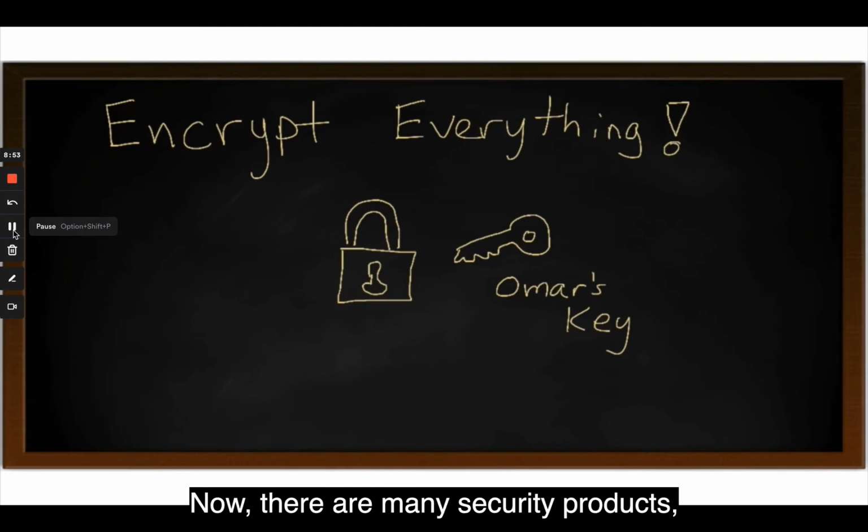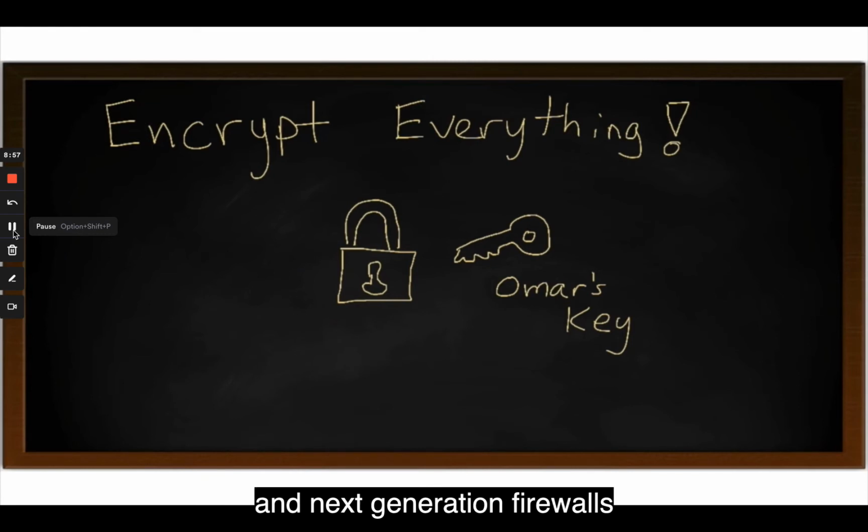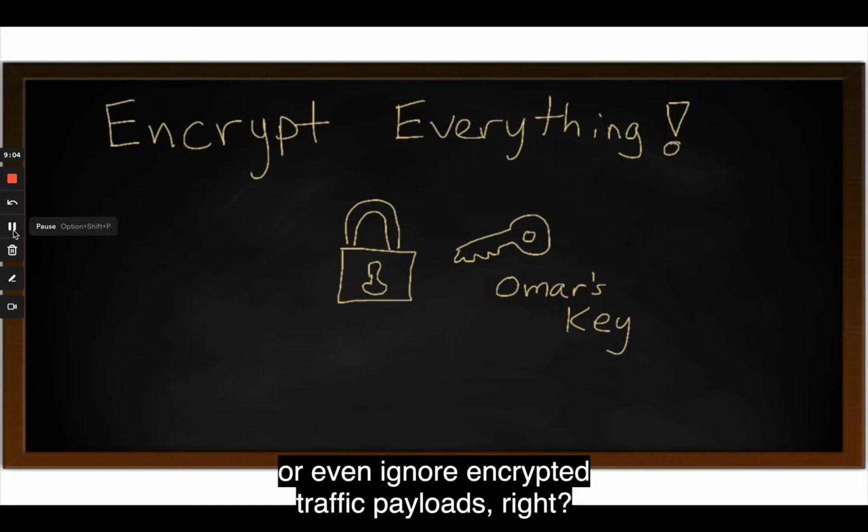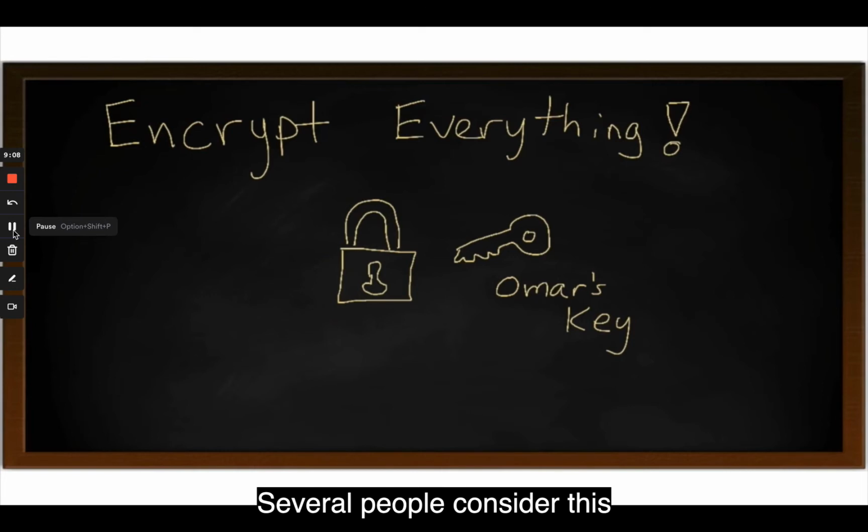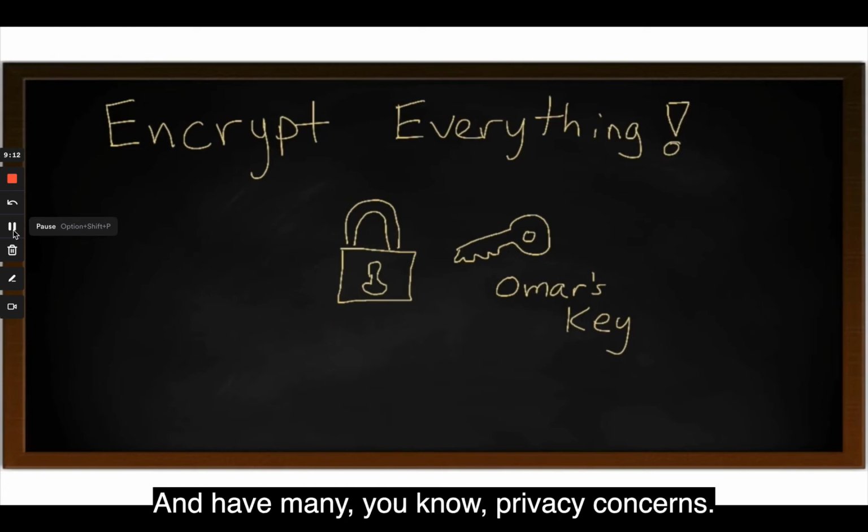Now, there are many security products, including next-generation IPS and next-generation firewalls, that can intercept, decrypt, inspect, and also re-encrypt or even ignore encrypted traffic payloads, right? Several people consider this a man-in-the-middle attack, and have many privacy concerns.